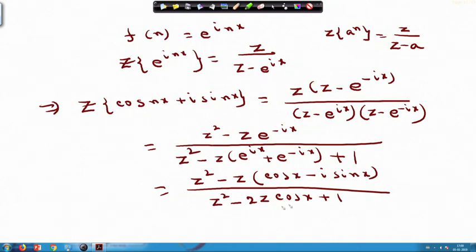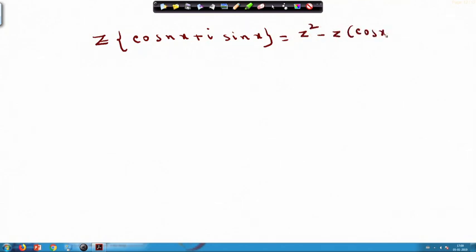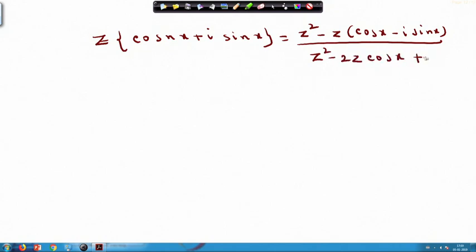Now I can simply separate the real part and the imaginary part. The z transform of cos n x plus i sin n x is equal to z square minus z into cos x minus i sin x divided by z square minus twice z cos x plus 1.